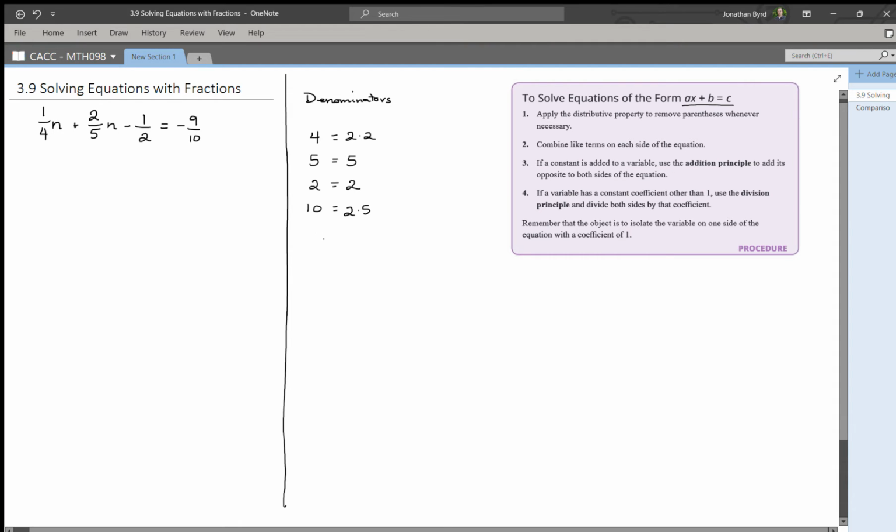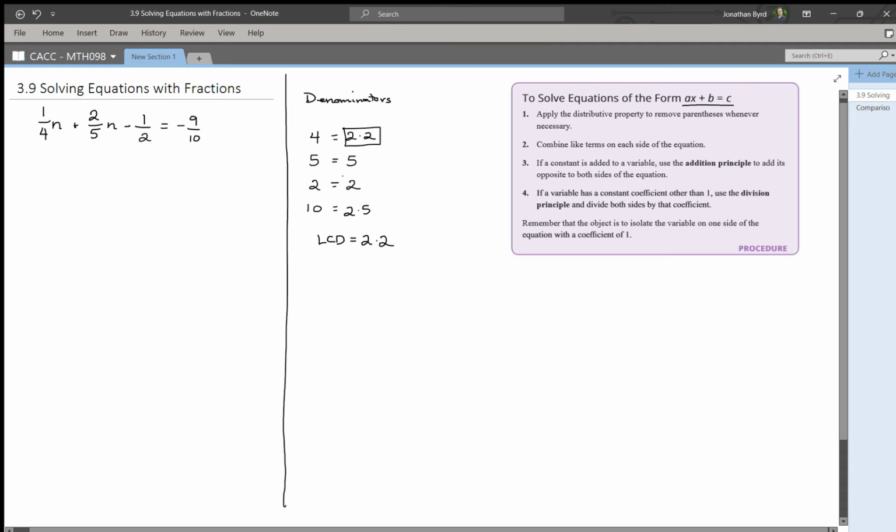So the LCD of these four fractions would be the LCM of these four numbers. Remember, I'm taking the highest occurrence of each of the prime factors. The prime factors are 2 and 5, and 2 occurs at most twice, in the factorization of 4.